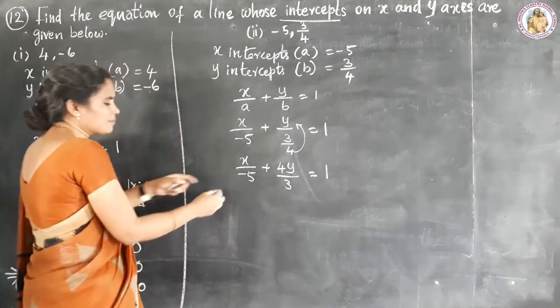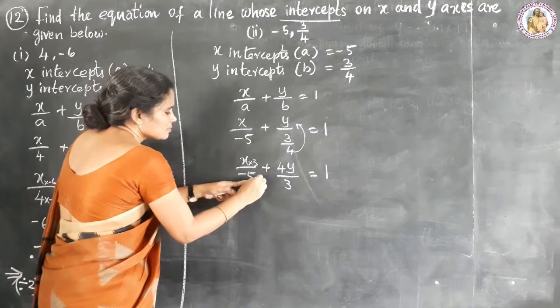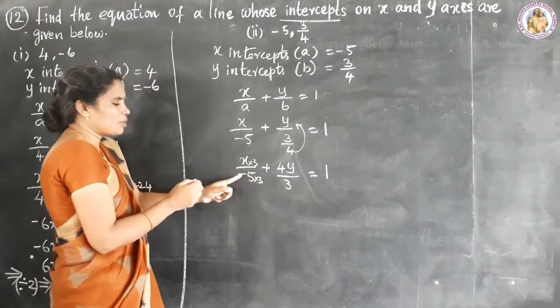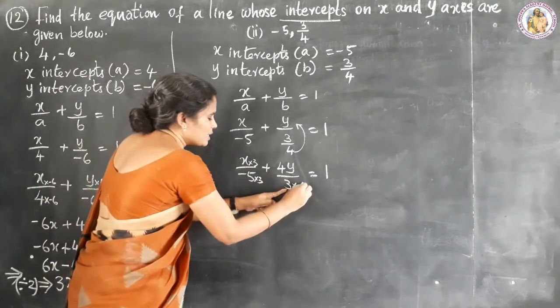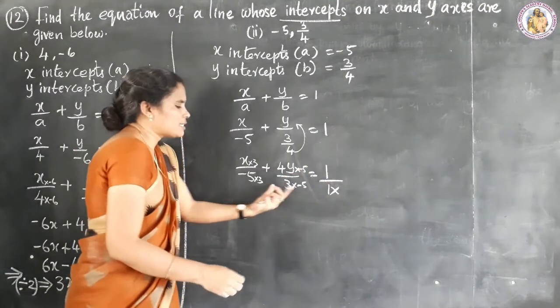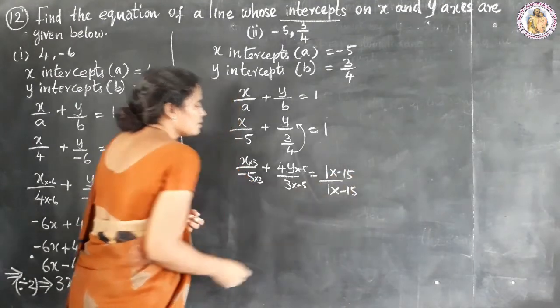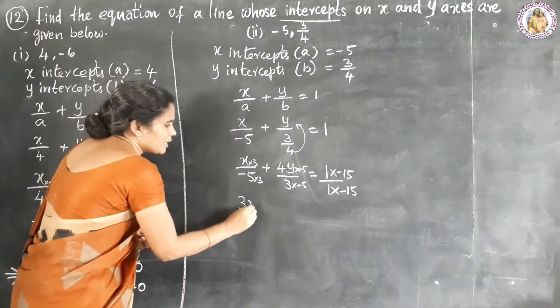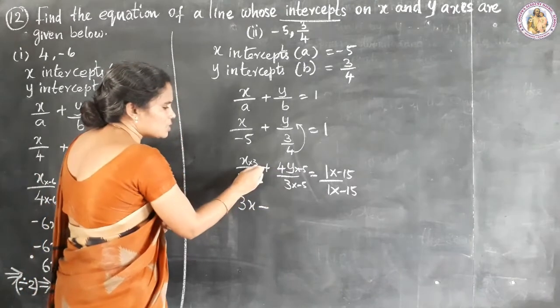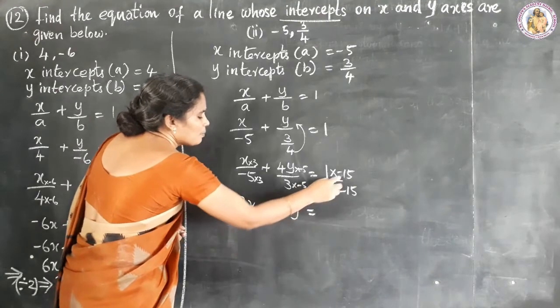Now take the LCM. Here multiply with 3 both the numerator as well as denominator, and multiply minus 5. Into 5, 3 fives are 15. Now 3 into x, 3x, plus into minus 5, 4 fives are 20, y is equal to minus 15.